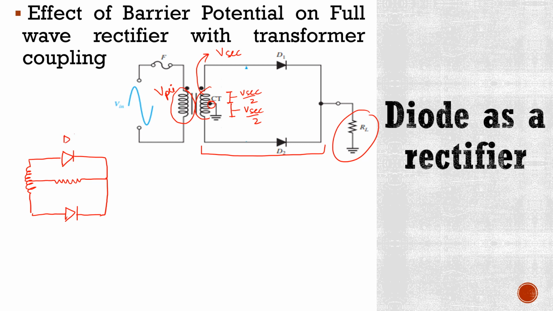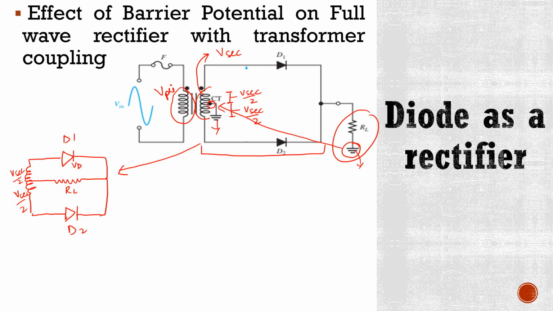Okay, this is D1, this is D2, this is V sec divided by 2, this is V sec divided by 2, this is RL, and here we'll be having VD, that is the voltage drop. Now I just connected this terminal of the load resistor here because we know that this is ground and this is ground. So this circuit can be drawn like this.